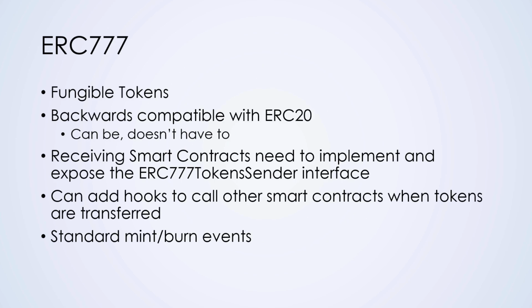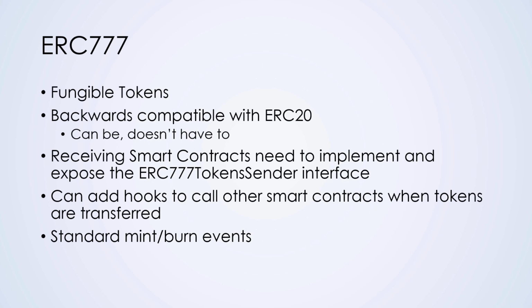The receiving smart contracts, if you want to send tokens to a smart contract address, potentially need to implement and expose the ERC777 token sender interface. That's a special interface. You can have a look at the OpenZeppelin example. You need to expose this interface. And then you can add hooks to call smart contracts when tokens are transferred.